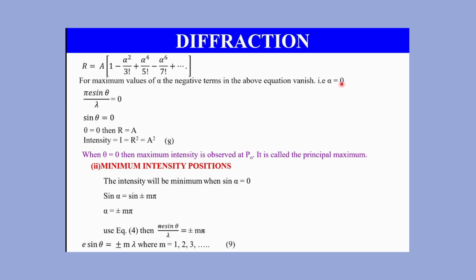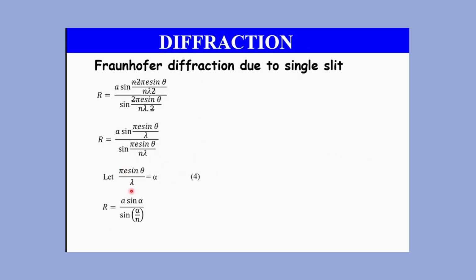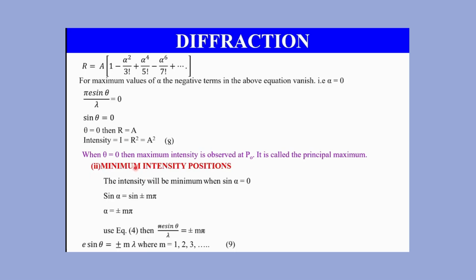So from the previous discussion, alpha is equal to pi e sin theta by lambda. So now using equation number 5 here, alpha is equal to pi e sin theta divided by lambda is equal to 0. Now cross multiply here, sin theta is equal to 0 and theta becomes 0.